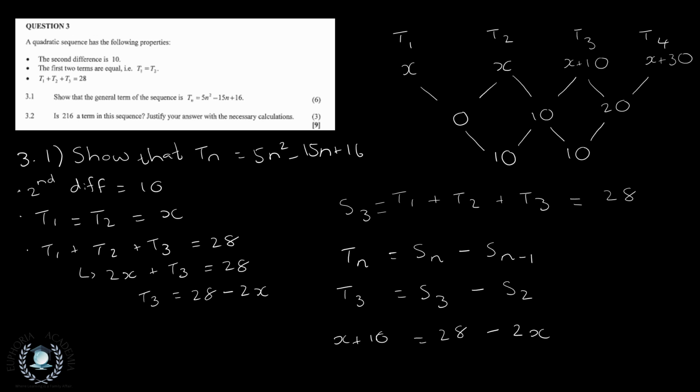Sorry, this is meant to be a 0, that is x plus 10. Alright, so after doing some algebra, we're going to see that our 3x is equal to 18, therefore making our x equal to 6.